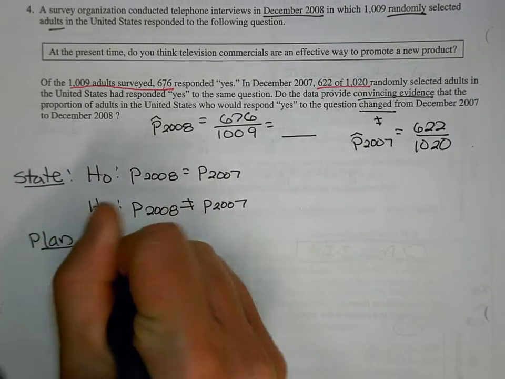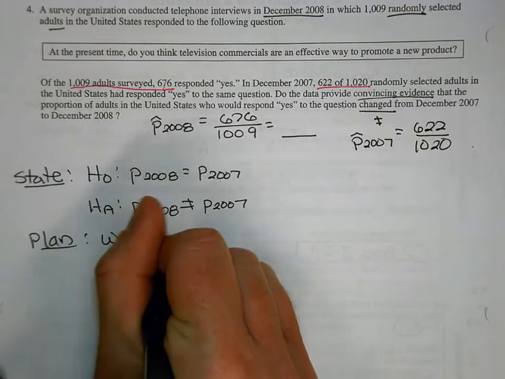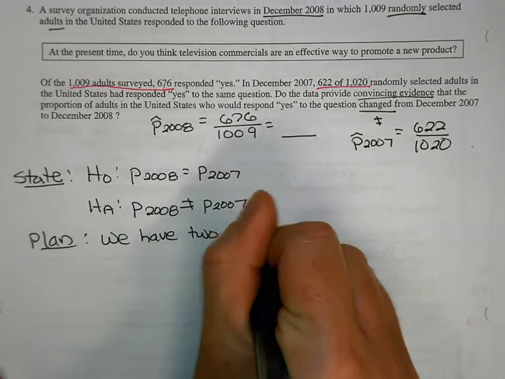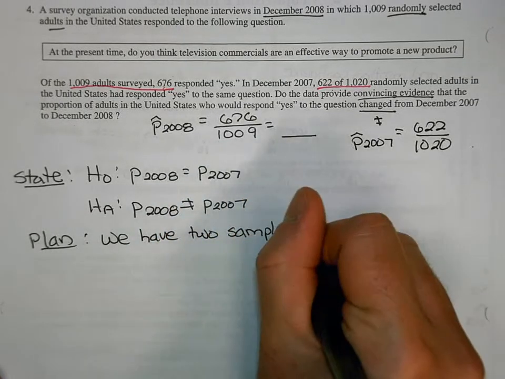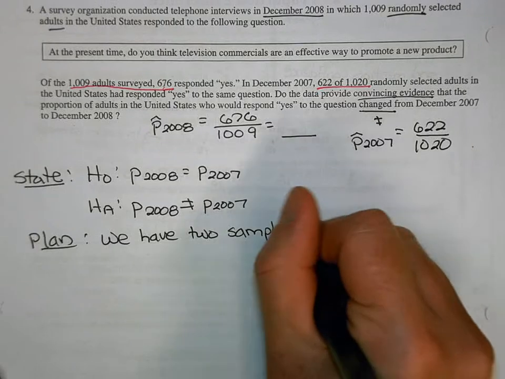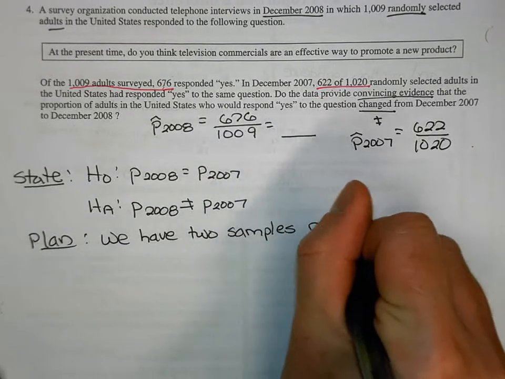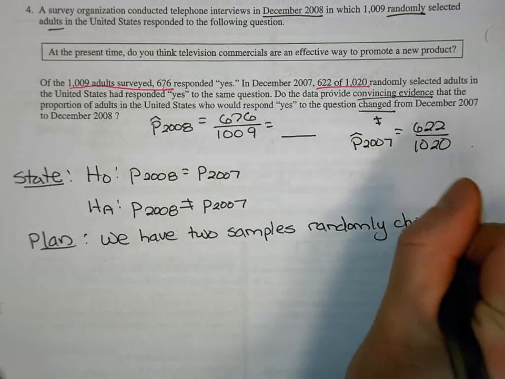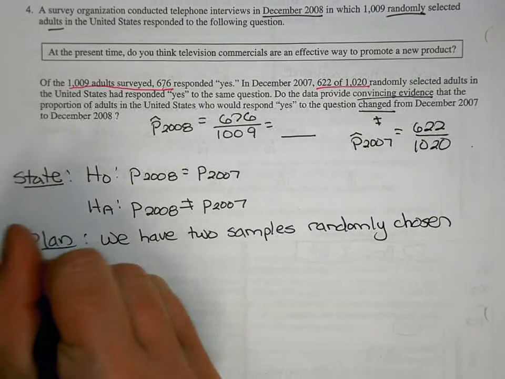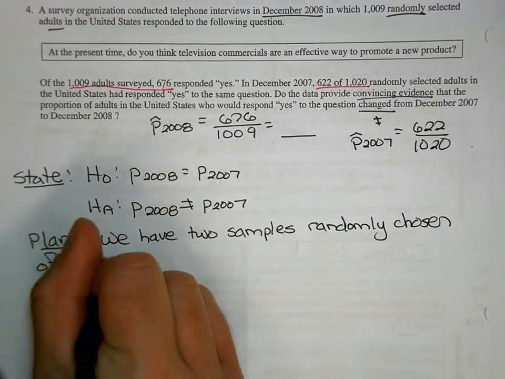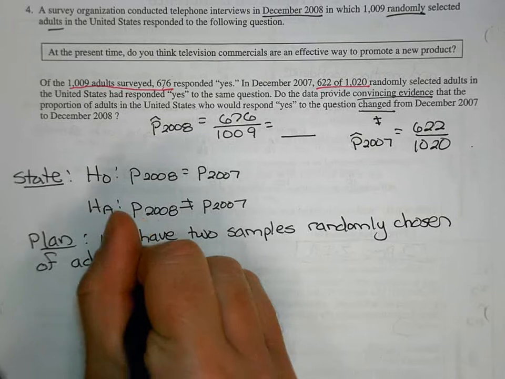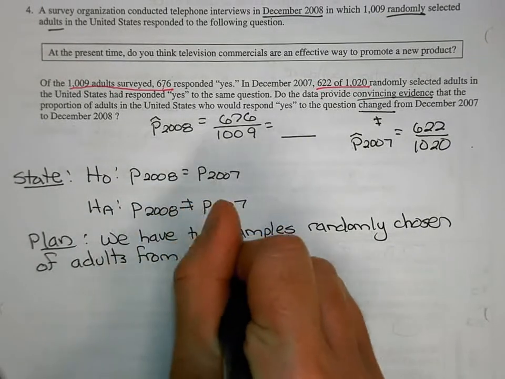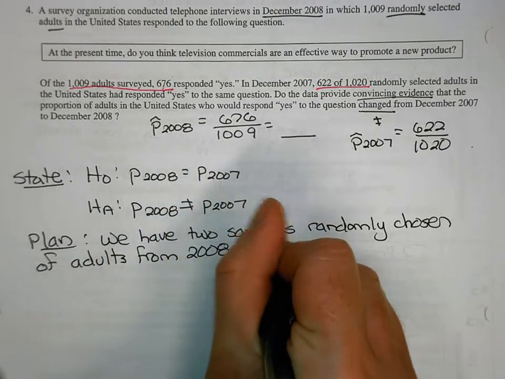The plan is that we have 2 samples, randomly chosen, of adults from 2008 and 2007.